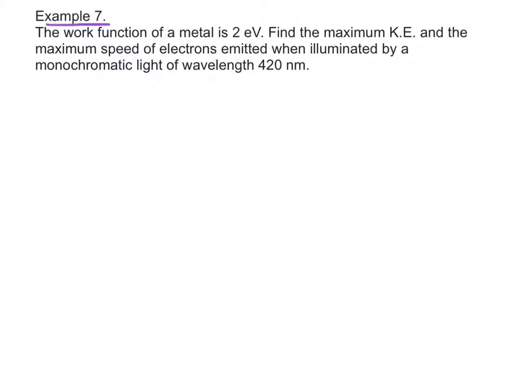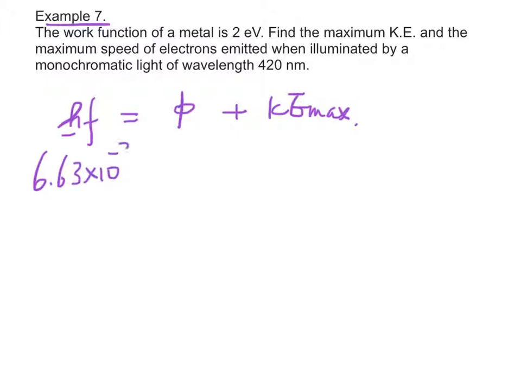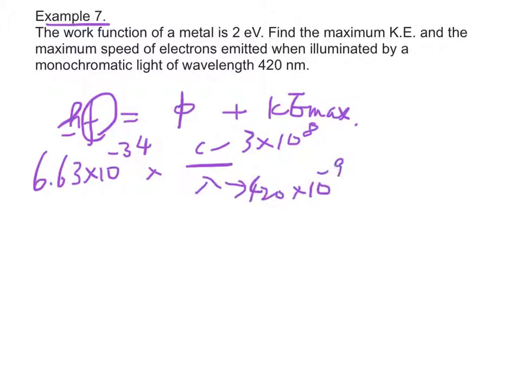Example 7. By Einstein's photoelectric equation, we have hf equal to work function phi plus Ke maximum. 6.63 times 10 to the power negative 34 times 3 times 10 to the power 8 over 420 times 10 to the power negative 9 equals 2 times 1.6 times 10 to the power negative 19 plus Ke maximum.